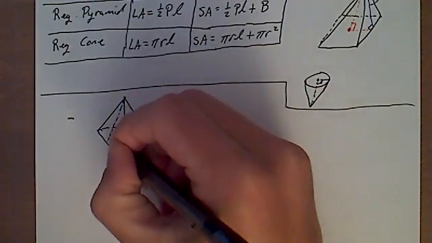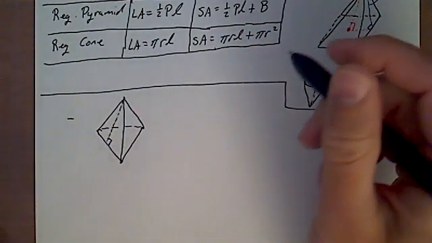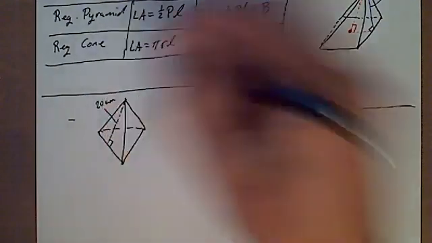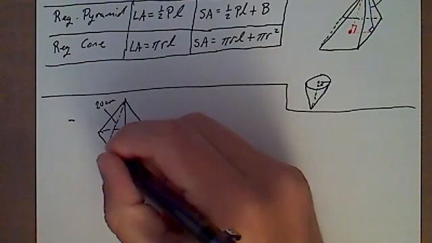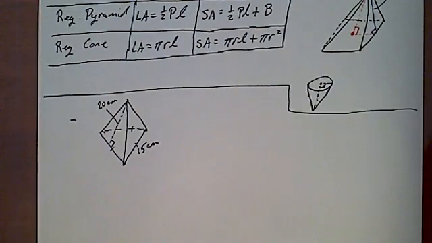We'll draw in a slant height here. If it's helpful, you can do that one in a different color as well. It's going to be 20 centimeters. And since it is a regular pyramid, all of these sides are the same, and all of them are going to be 15 centimeters.